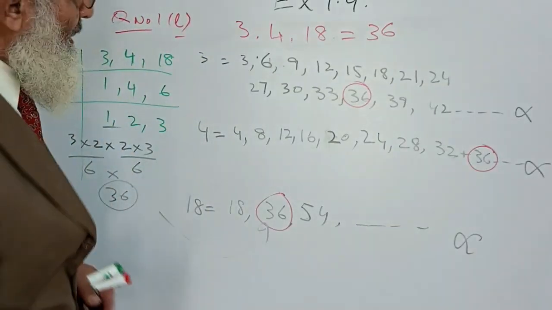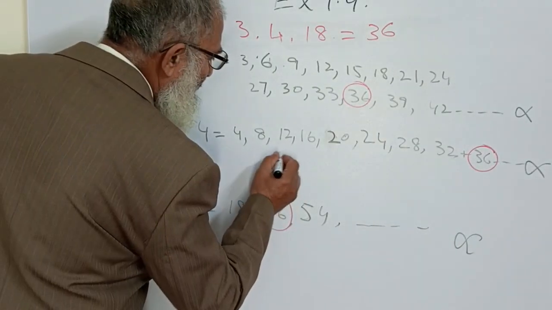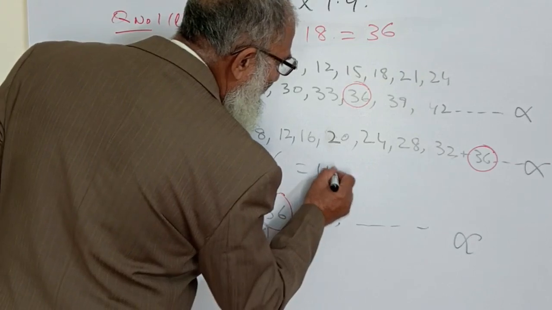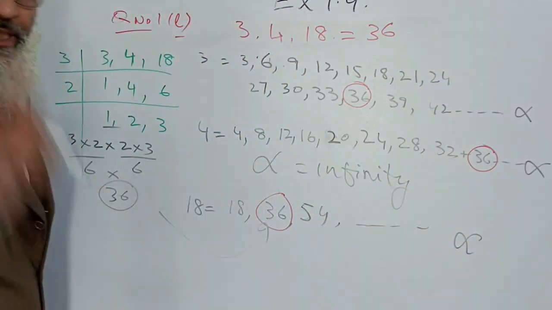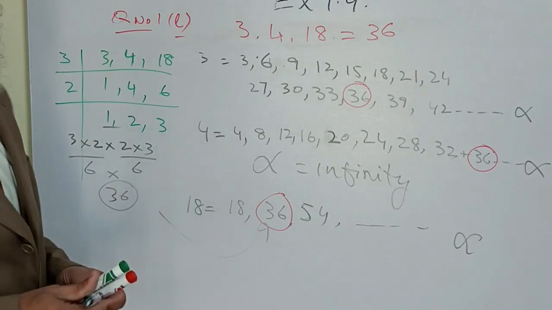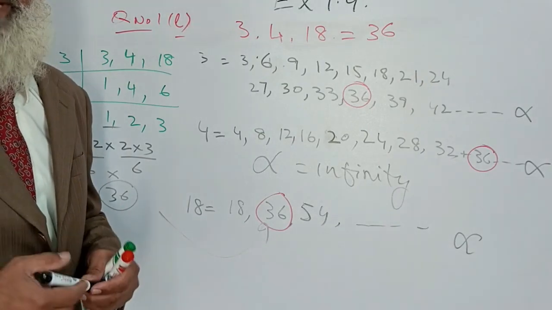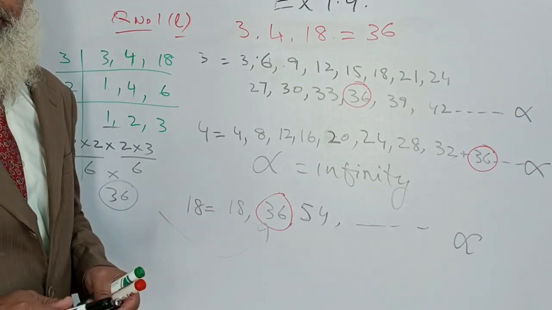So maybe infinity is the answer for this question. We cannot find the highest common multiple of any given numbers.